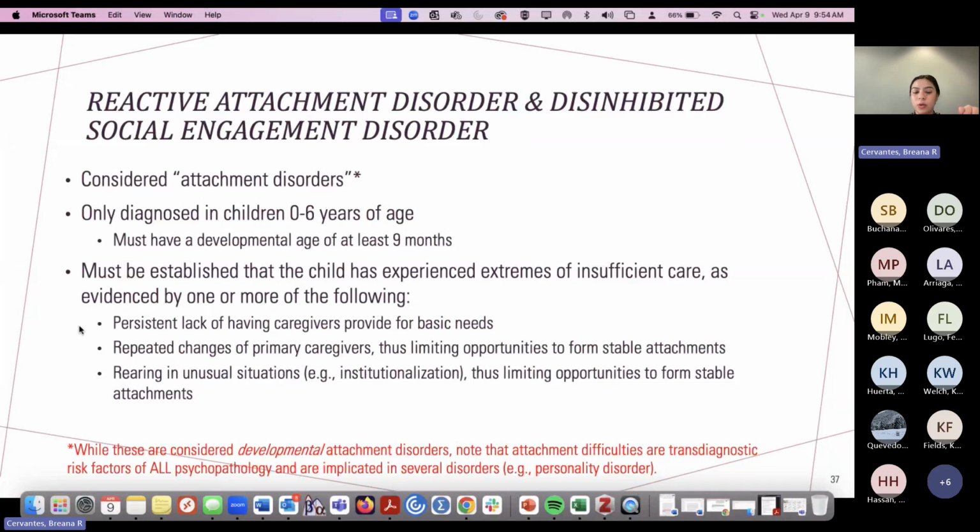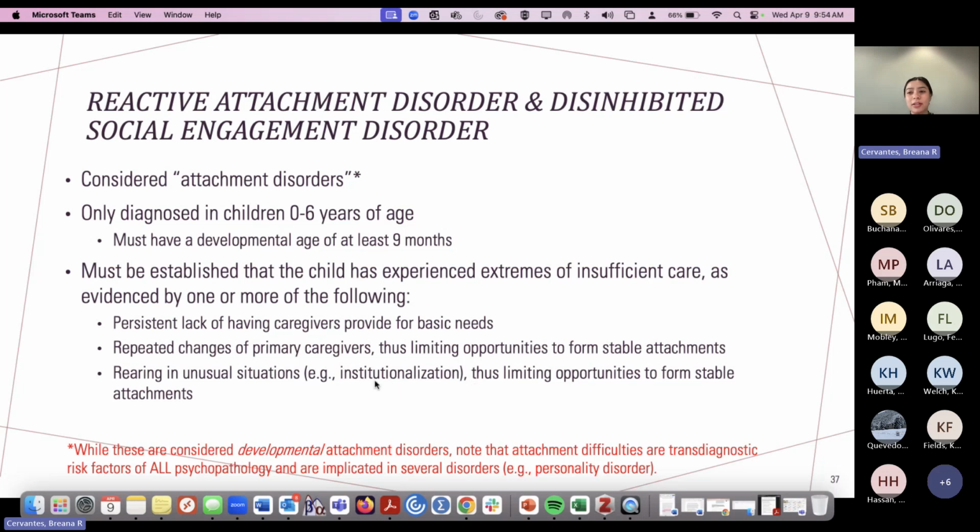For either of these disorders, it must be established that the child has experienced extremes of insufficient care, which is going to look like one or more of the following: persistent lack of having caregivers to provide for your basic needs, repeated changes of the primary caregivers, which limits your ability to form stable attachment, and then rearing in unusual situations, which also limits the opportunity to form stable attachments. So you're really going to see this unusual situation.